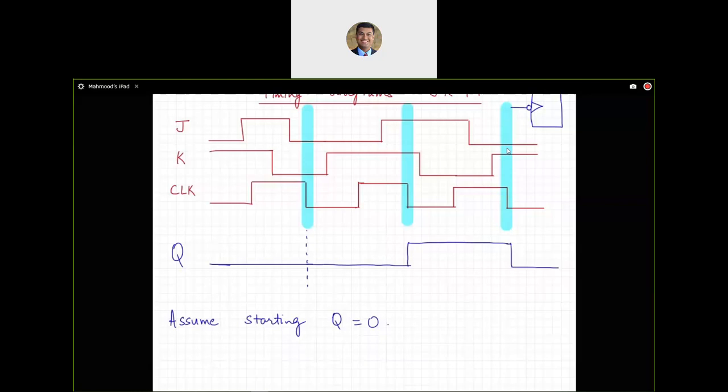So that's how we can observe the output. So I hope this discussion clarifies a few more things about the JK flip-flop, and everybody is feeling a little bit more comfortable with at least what it should do.